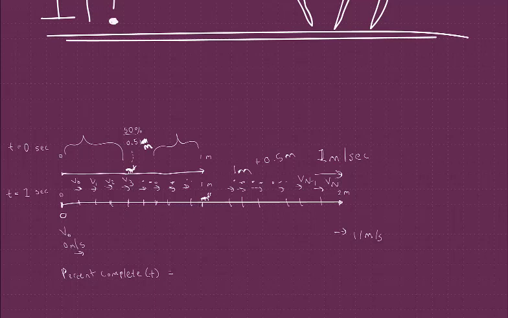The same thing at about a quarter of the way through the band. That's going to be moving at approximately 0.25 meters per second. At 3/4 of the way, it's going to be moving at approximately 0.5 meters per second.